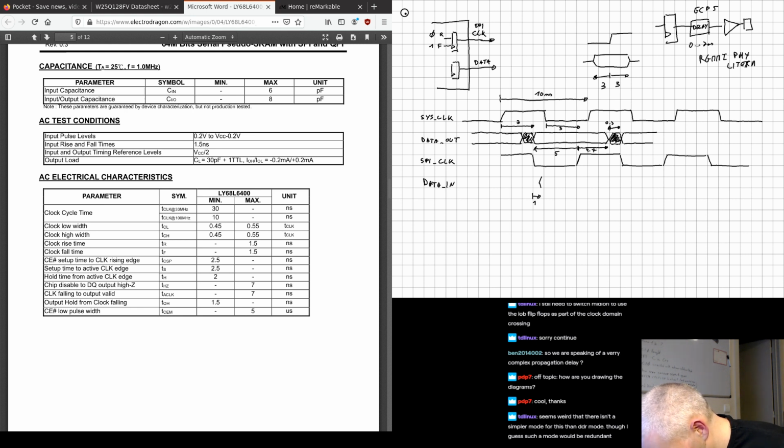So at that point it becomes basically garbage. And then 7 nanoseconds afterward, so something like around here. I mean, it's not perfectly to scale, I can't draw perfectly to scale. So that's just garbage.